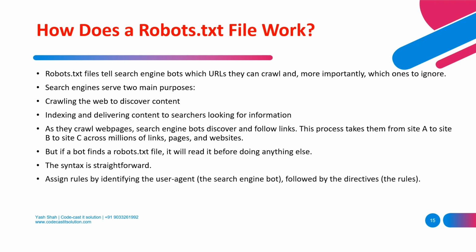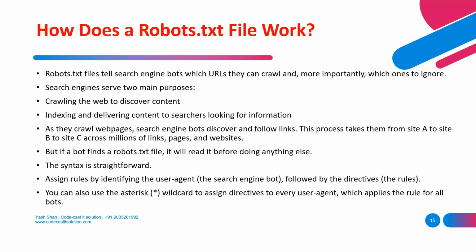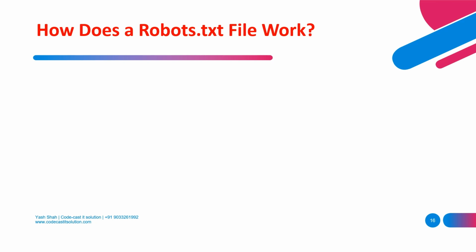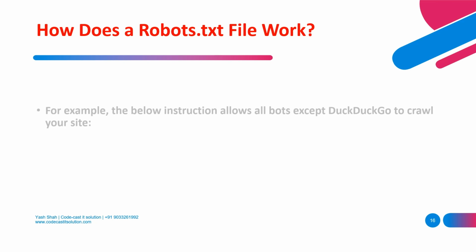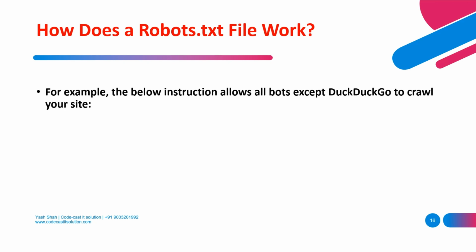But if a bot finds a robots.txt file, it will read it before doing anything else. The syntax is straightforward. Assign rules by identifying the user agent, the search engine bot, followed by the directives, the rules. You can also use an asterisk to assign directives to every user agent, which applies the rule for all bots.